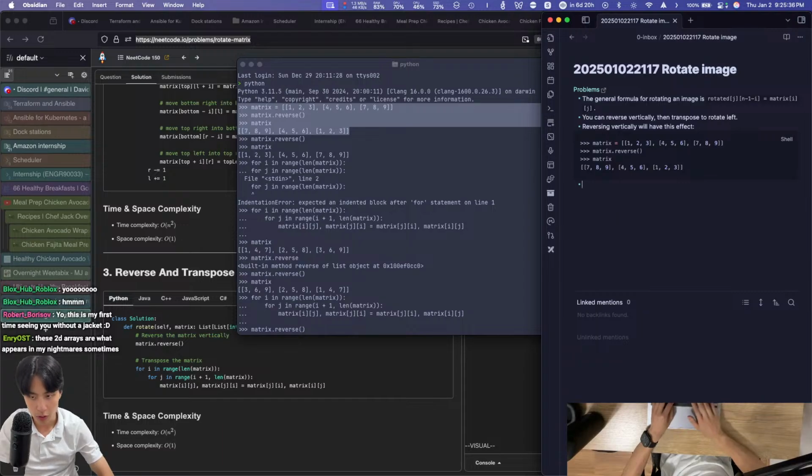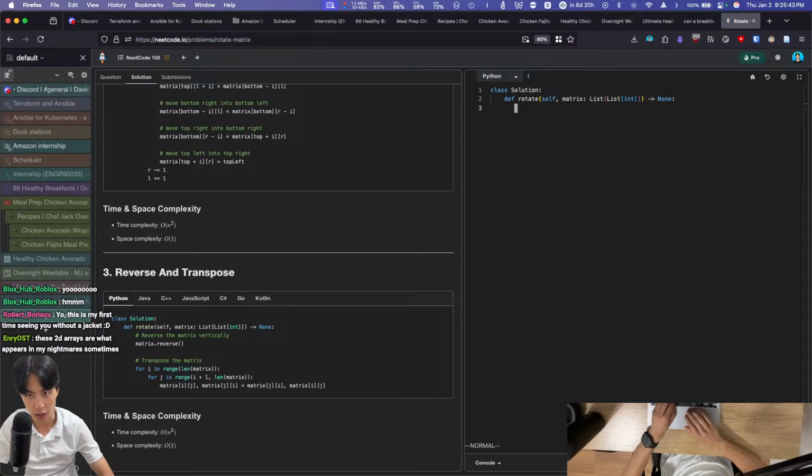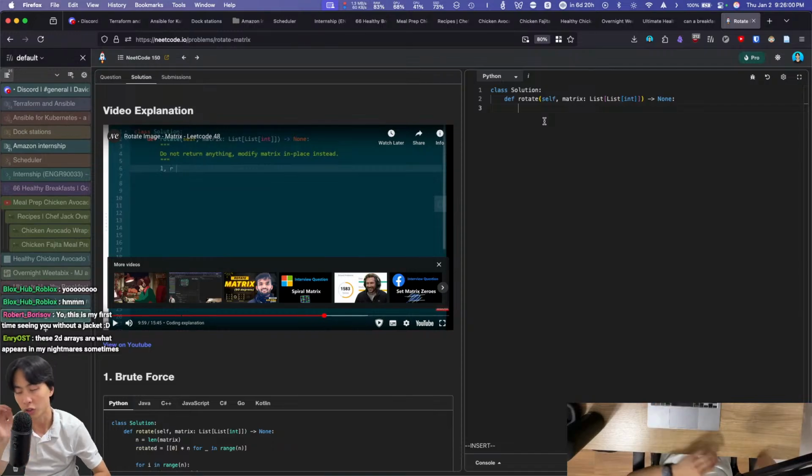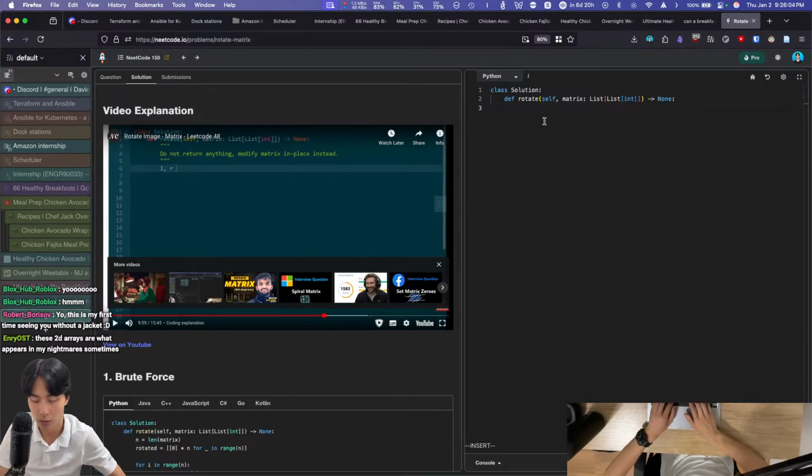Alright, so now I want to just quickly write the approach that was explained now by the Leetcode. Okay, so I'm not going to look at that solution. I know the video explanation is here, but I'm not going to look at the solution coded up. Because now that I know the method, I can try this.